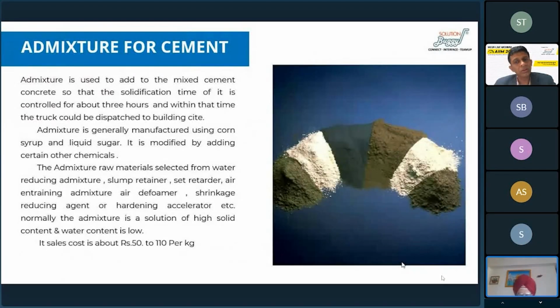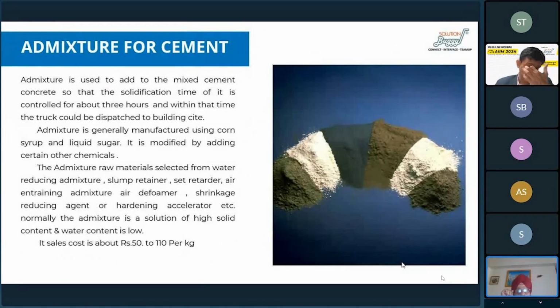Sometimes the concrete is mixed at the site where the building is being constructed. But with admixture, at certain times concrete is given directly at the site, and immediately it can be used without doing anything. So that is the advantage of admixture.